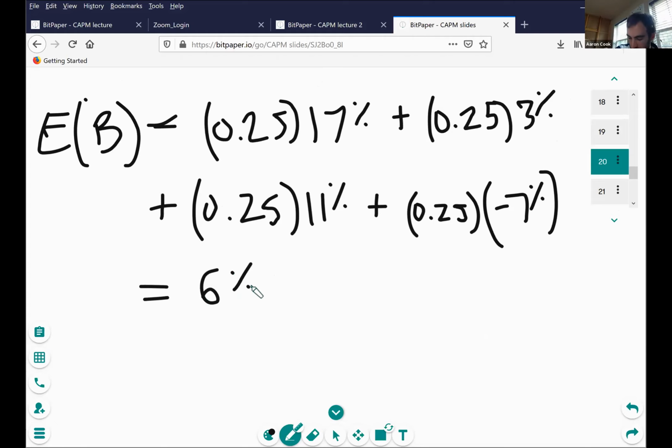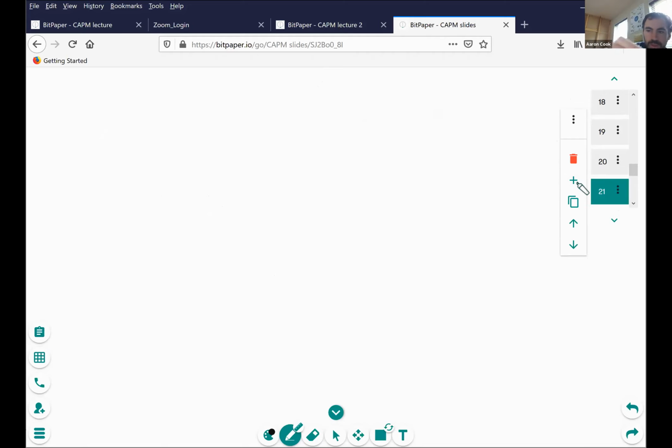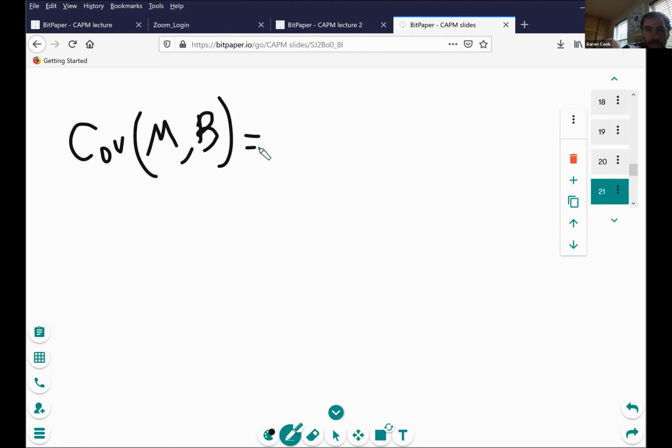Now, if we want to get the covariance between the market and B, again, that's the expected value of the product of the deviations between each of these stocks.